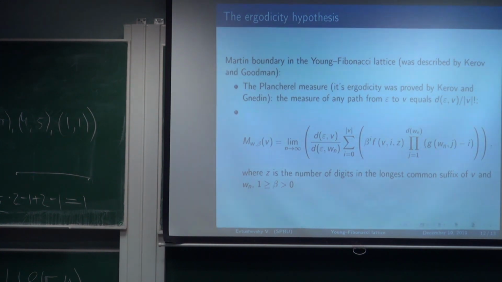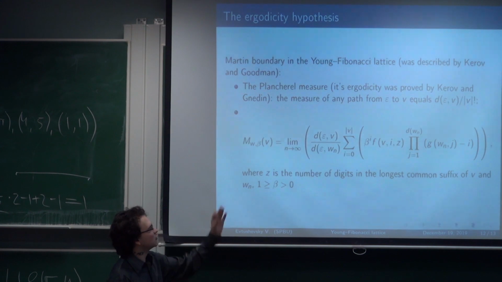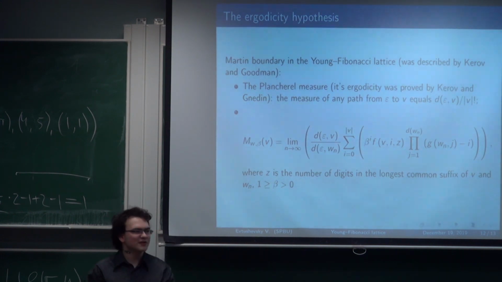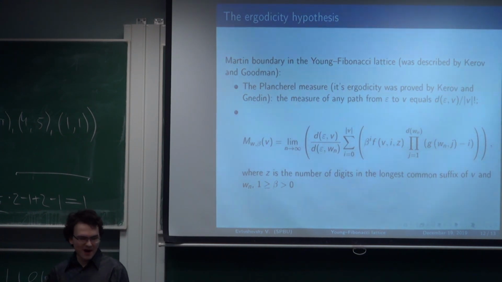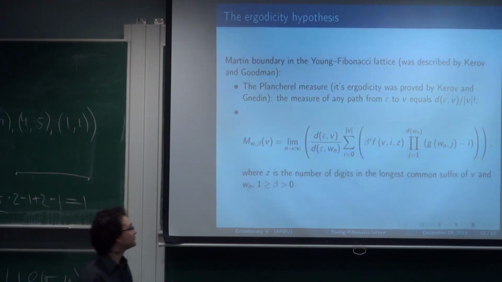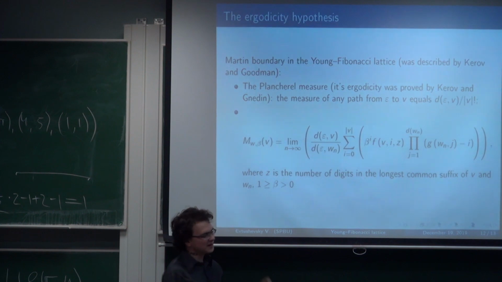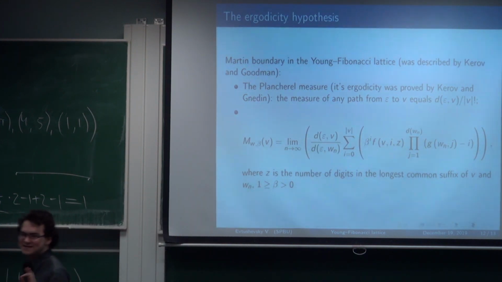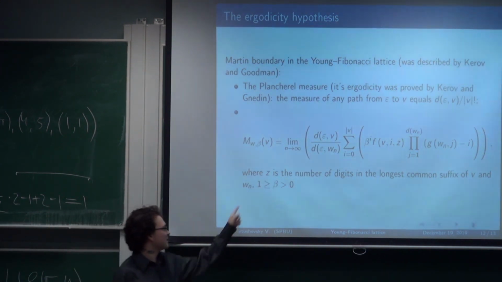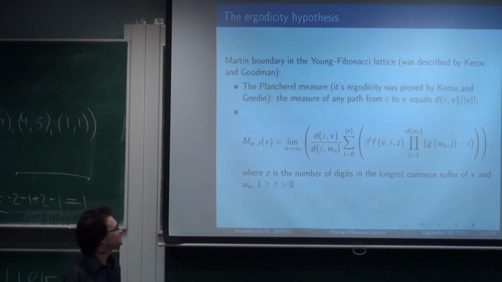And the other measures look like this. This formula follows not only from Kerov and Goodman, but also from my first formula. Here we have W and beta. W is an infinite sequence of digits 1 and digits 2. Beta here is a real number between 0 and 1.